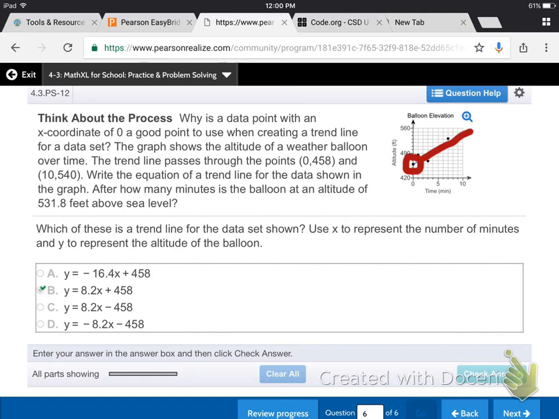So which ones of these show positive 458 for the y-intercept? That would be this one and this one. So that means C and D are out. And then which one shows a positive slope? It's clearly answer choice B. There you have it, boys and girls. Good luck.